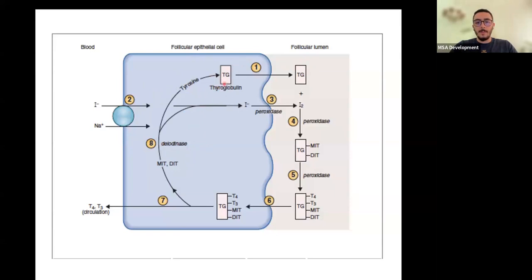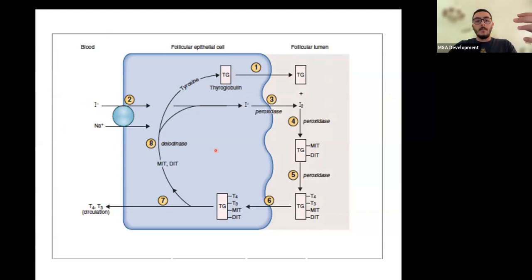Tyrosine sits in thyroglobulin and literally waits in the lumen until iodine is supplied from the body. That's the first step: taking thyroglobulin with tyrosine into the follicular lumen. The second step is bringing the iodine from the blood or plasma into the follicular lumen.